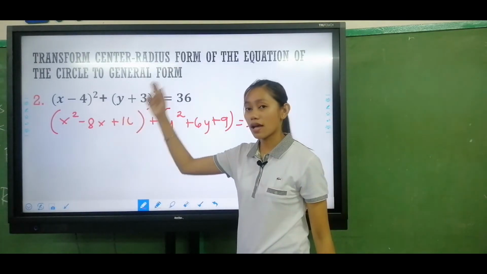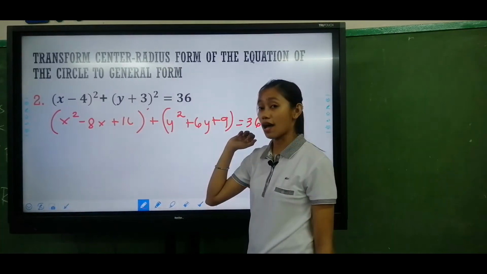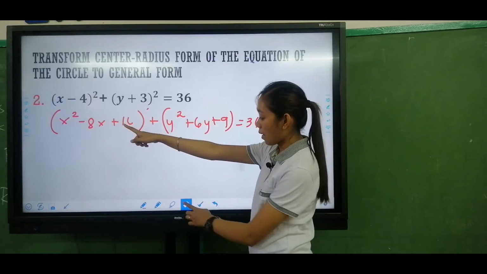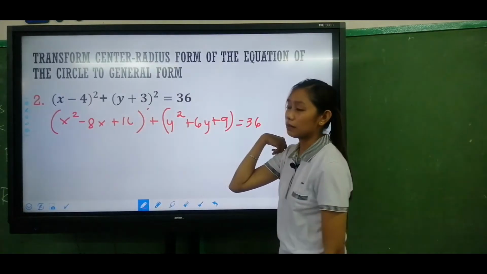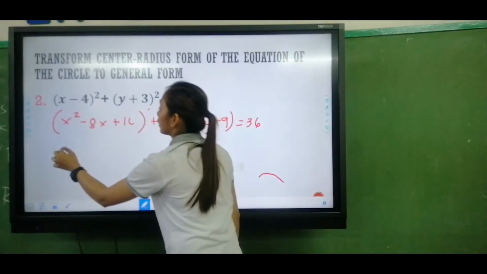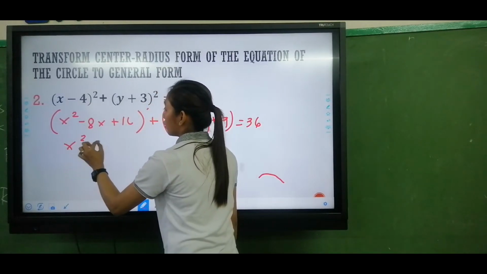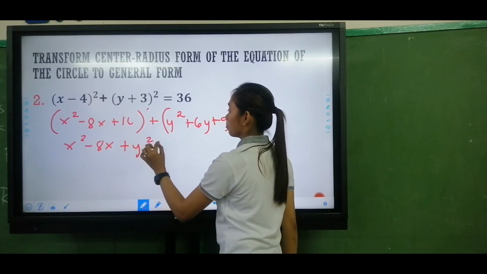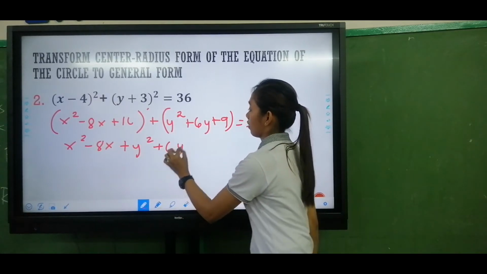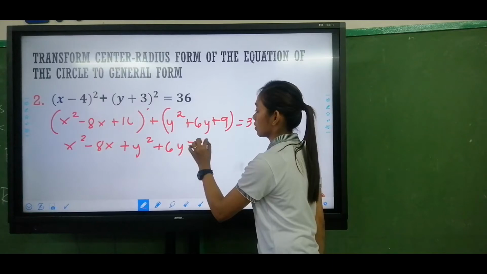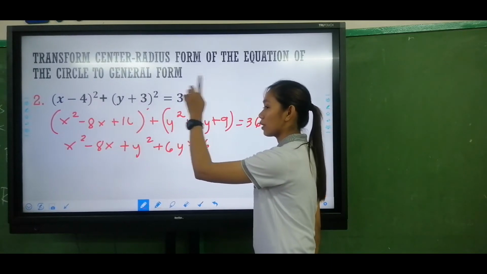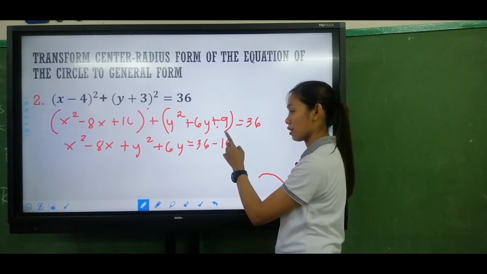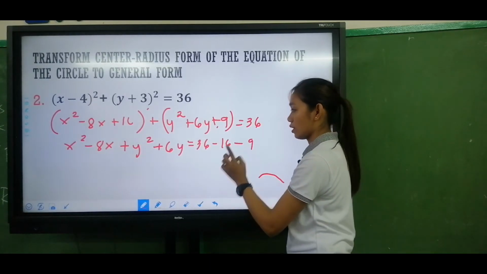Next, transpose natin yung mga constant doon sa ating right side. So this will be positive 16, pag nilipat natin, magiging negative. So copy muna natin: x squared minus 8x plus y squared plus 6y is equals to 36. 16, pag nilipat, negative 16. Positive, pag nilipat, si 9 magiging negative 9.